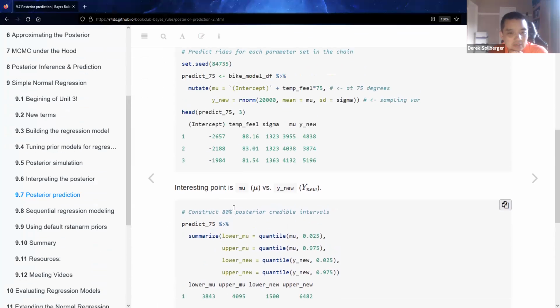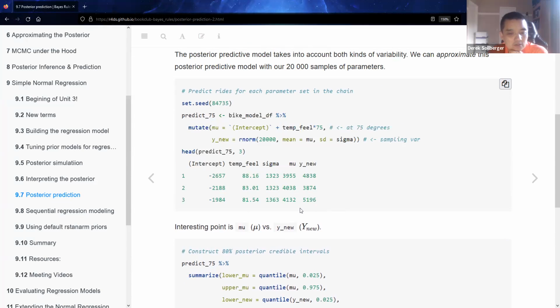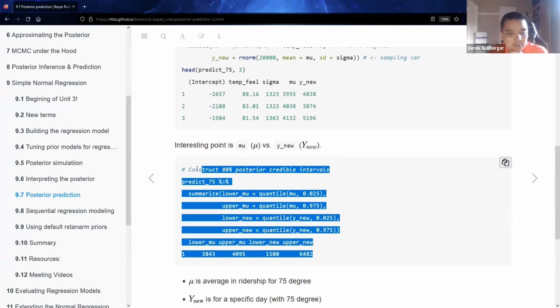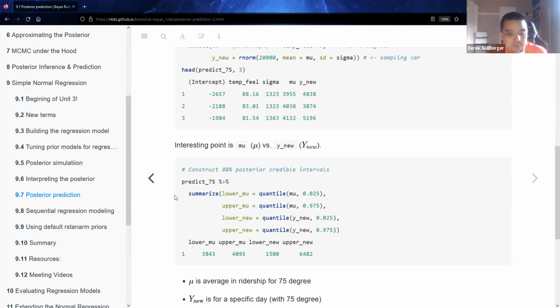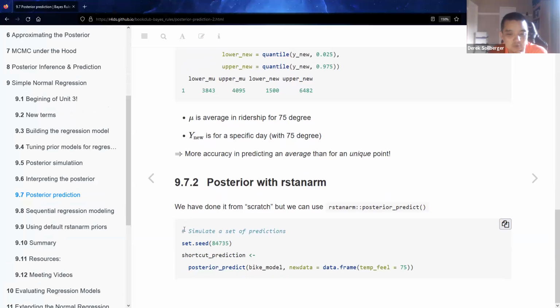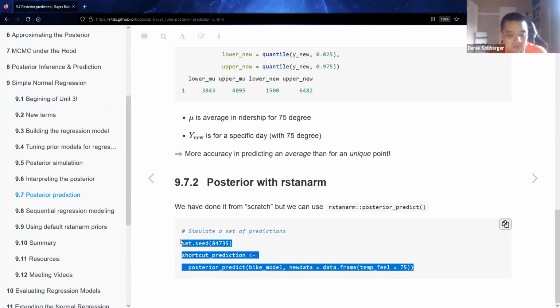This has been a nice, long, deep dive into building a posterior distribution. If you do this quite often, the folks who made the rstanarm package have this convenient wrapper code that will do all that all at once.